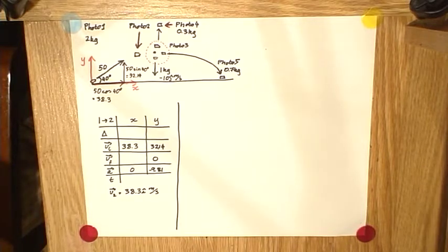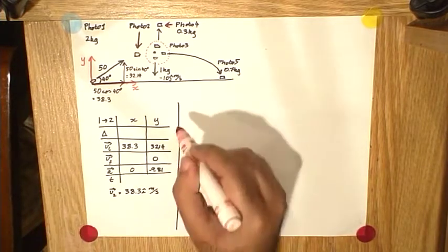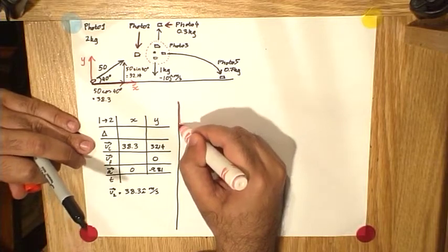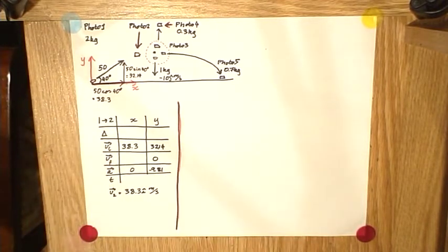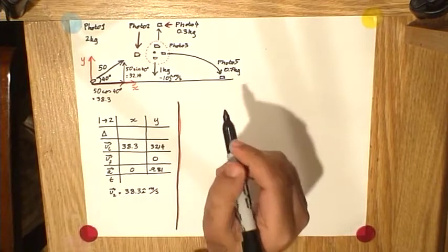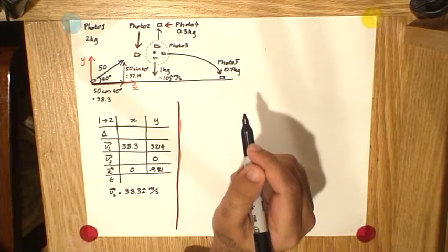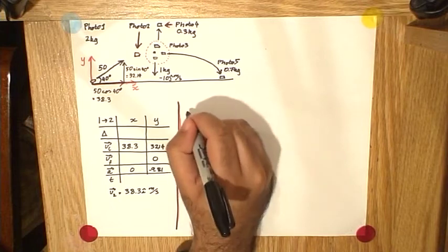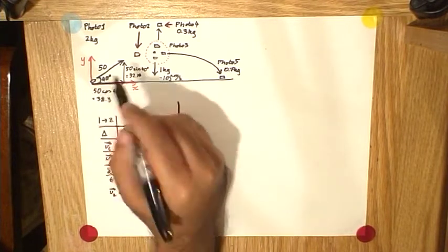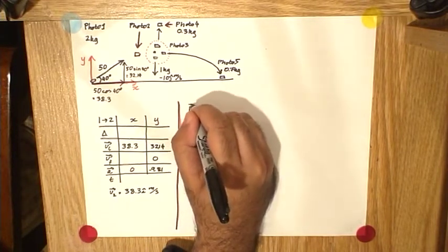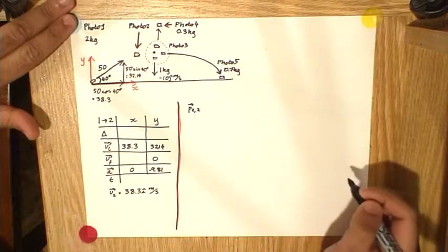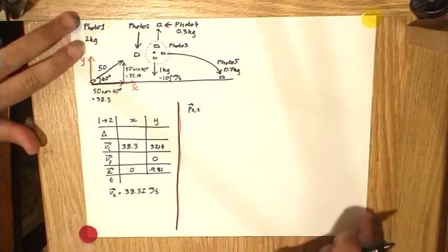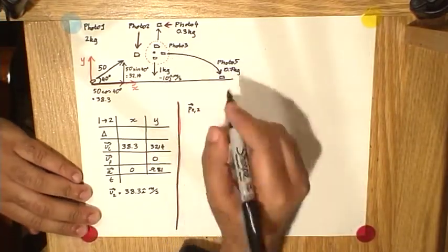Now, let us use this information in preparation for a conservation of momentum calculation. Conservation of momentum tells us that the momentum of the initial fragment, so that would be the momentum of the 2 kilogram object in photo 2, must be equal to the momentum of the remaining fragments in photo 3.